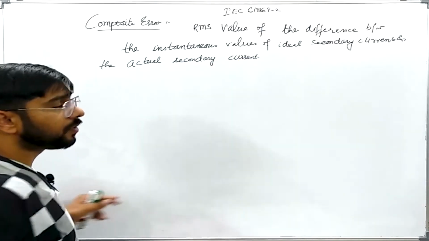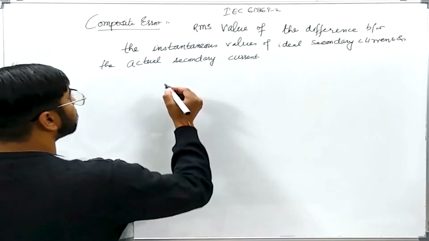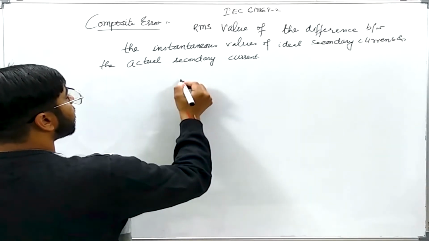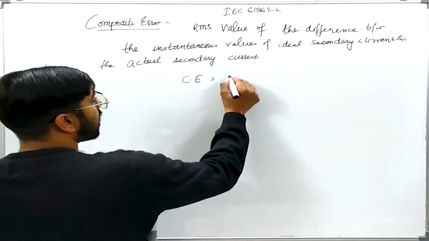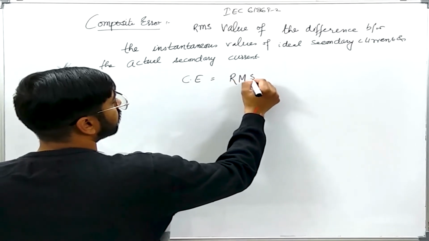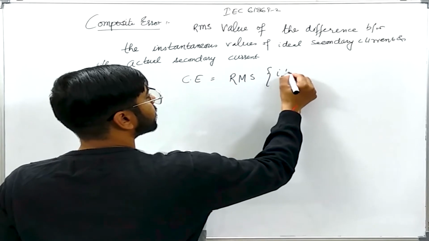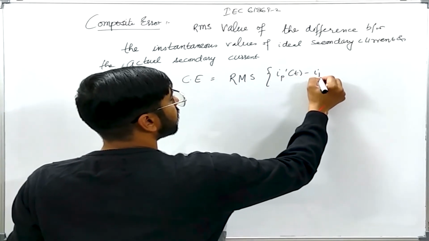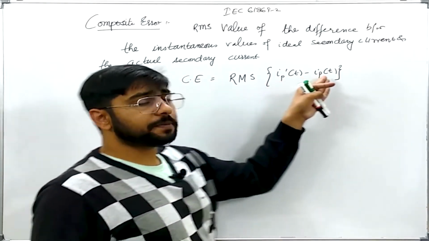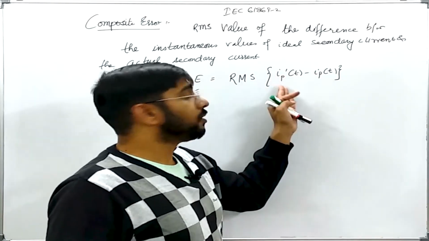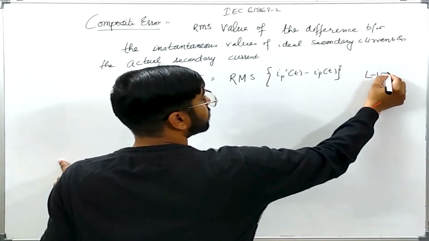If I want to talk in terms of the current referred to the primary side, I can write this composite error, let us say CE, as the RMS value of IP dash minus IP, where IP dash and IP are the terminologies which I have used in lecture number 127 for the various currents.